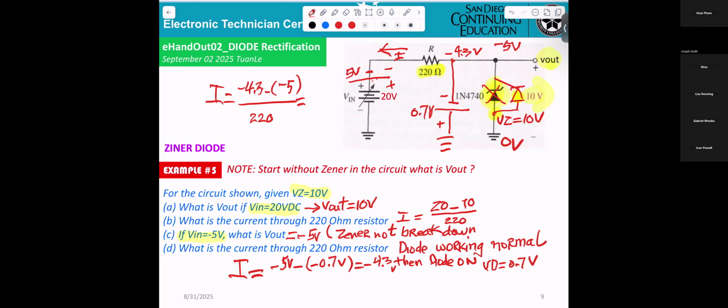So minus plus 5, 5 minus 4.3, 0.7 divided by 220. That's how to solve that problem.